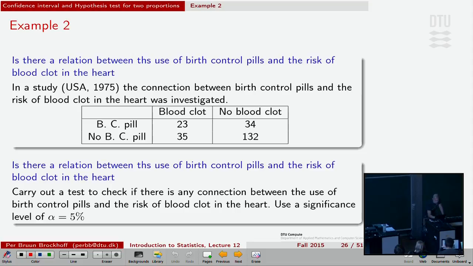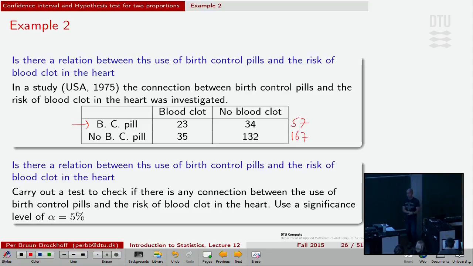There are a lot of words here, but let me just share with you that there were 57 patients using birth control pills, and there were 167 patients not using BC pills. We would like to compare, for this particular type of illness that we're looking at here, the risk of this illness, whether or not you are using birth control pills, right?